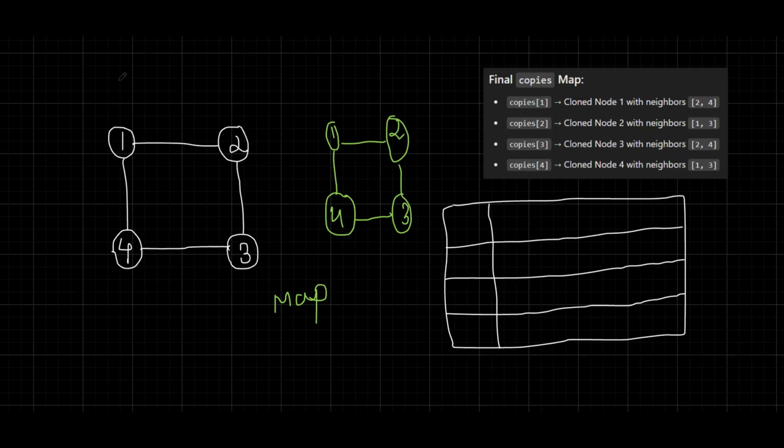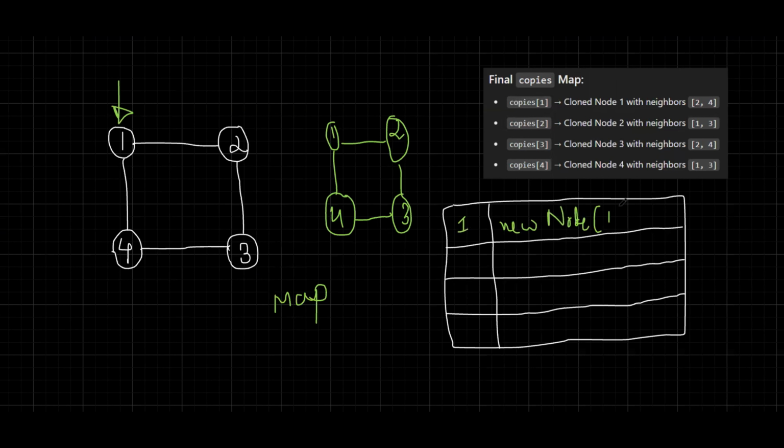So initially we will start the DFS from node 1. Node 1 is not present in the map. So we will make the entry of node 1 and we will initialize a new node with the value of 1. Now from node 1, we can go to node 2 and node 4. Suppose we have gone to node 2.